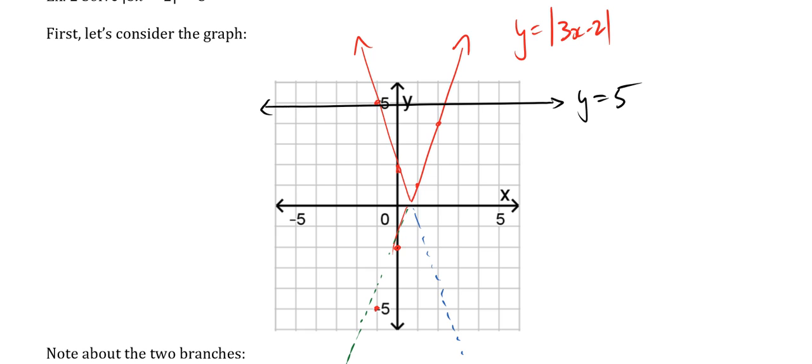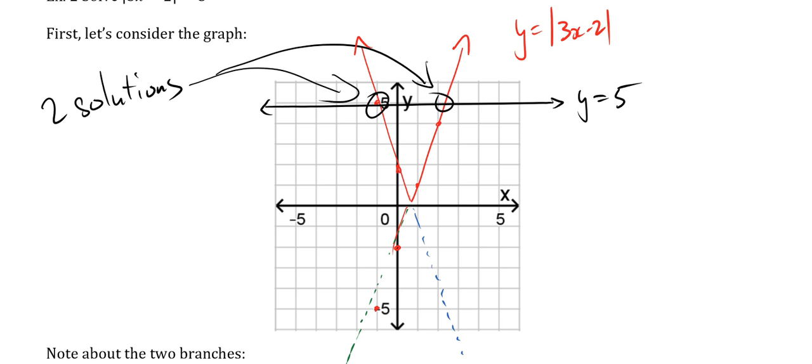Okay? So we've got two solutions. And one of them is obvious, and the other one is a decimal. We could figure out what it is if we wanted to. We're not going to do it this way, but don't be confused about what we're doing right now. I wanted to get this down. I'm going to talk about a couple of things. Everybody okay? Regraphing this?